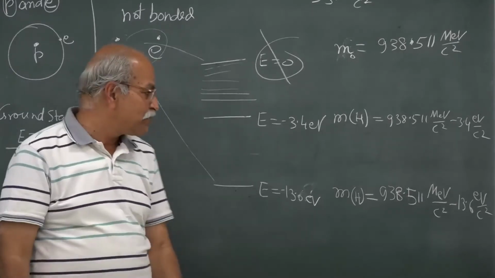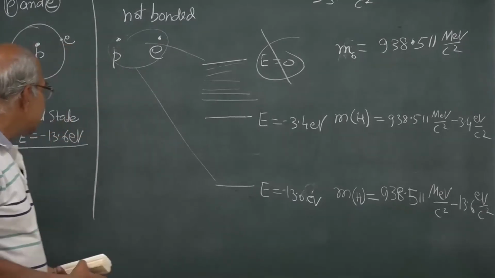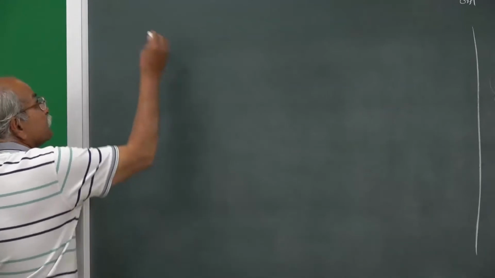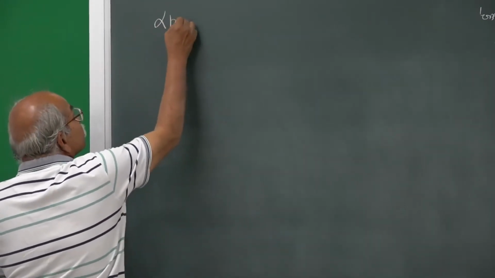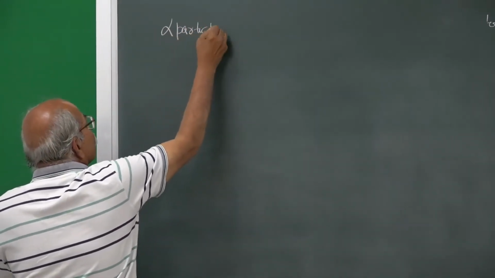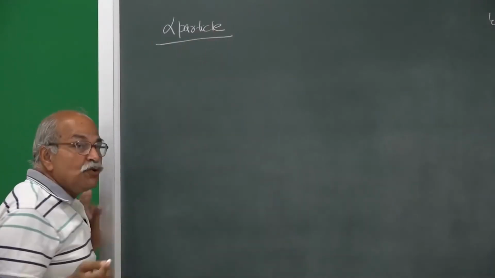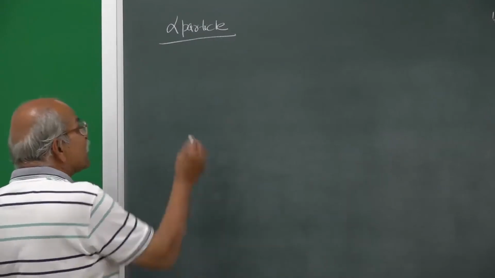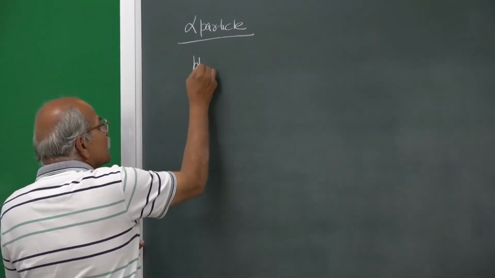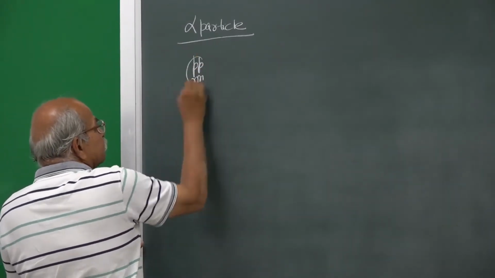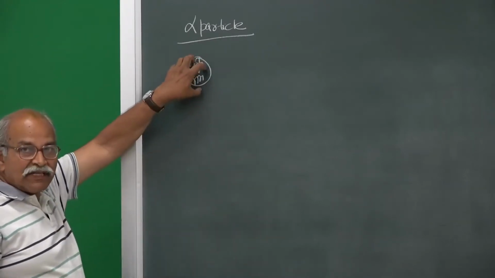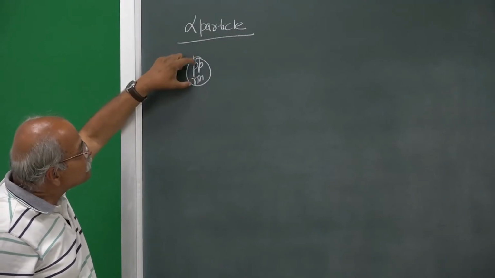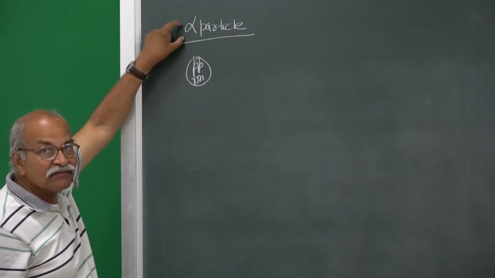I take another example: helium, the alpha particle. What is an alpha particle? An alpha particle is the nucleus of a helium atom. The nucleus of the helium atom is 2 protons and 2 neutrons bound together in a very small volume, which is also called the alpha particle.